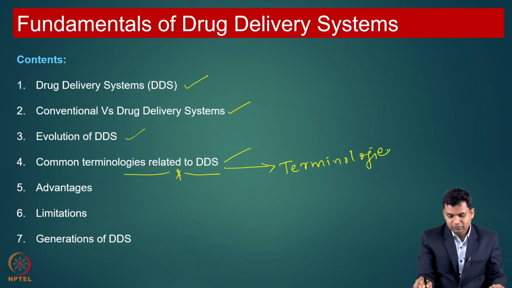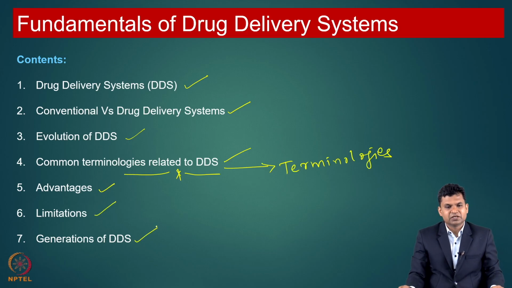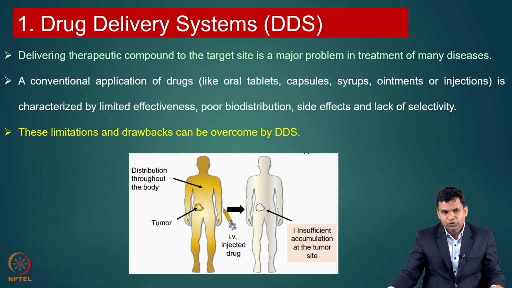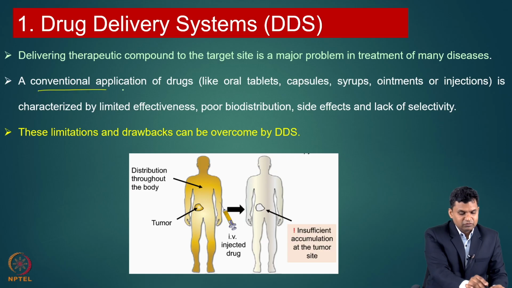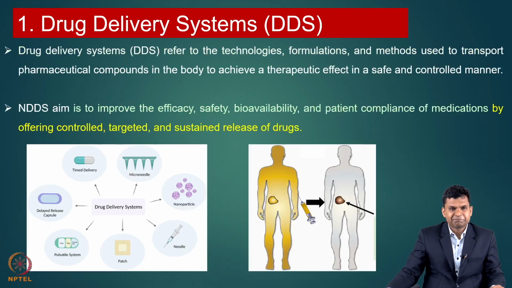and then we will see the advantages, the limitations, and the generations of drug delivery systems. In the last lecture we saw the importance of drug delivery systems and how they differ from the conventional system. With this picture representation, we learned the effectiveness of drug delivery systems.